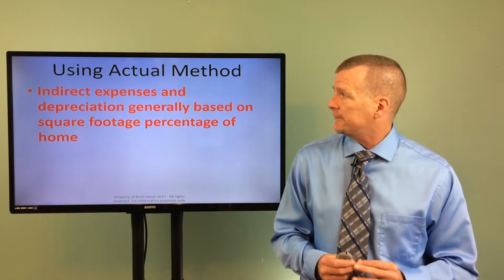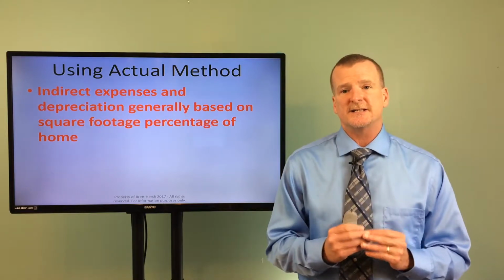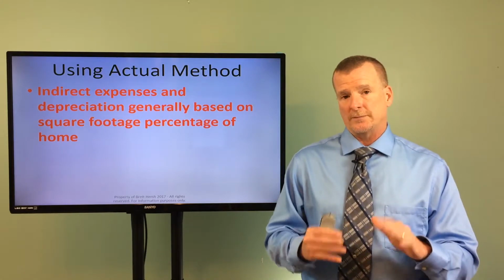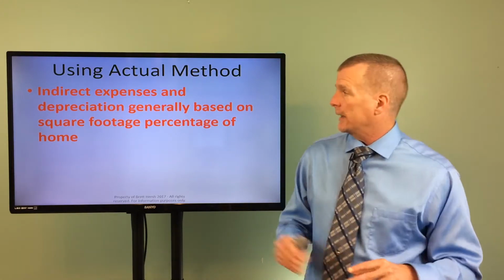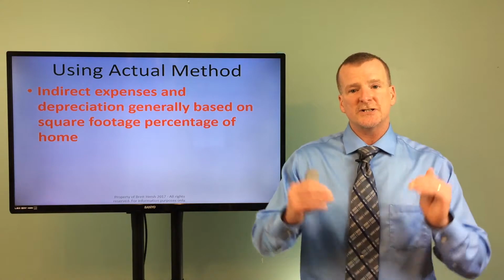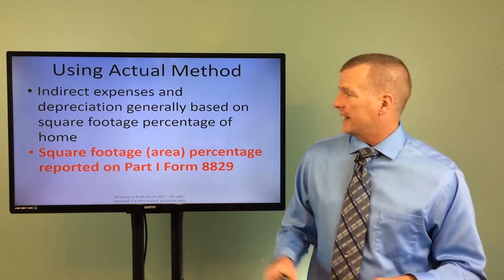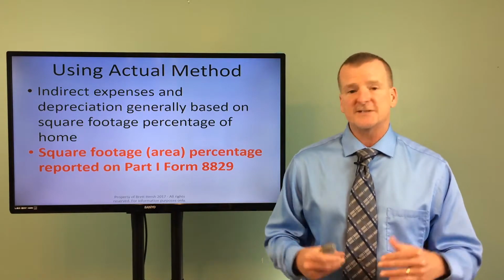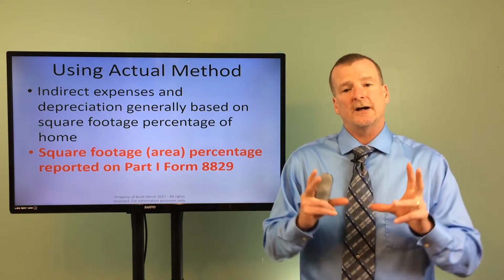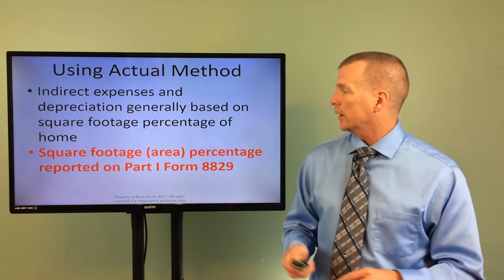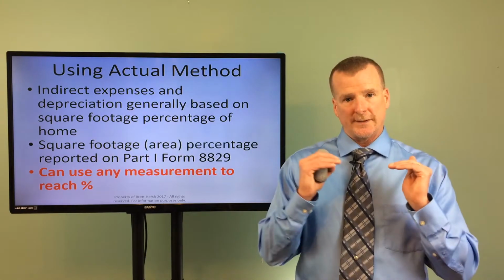Using the actual cost method, indirect expenses and depreciation, what we're going to discuss in a section, well, I think this is the next part of the course. But indirect expenses and depreciation are generally based on the square footage percentage of the home. Square footage is the area as a percentage of the total area of the home, and it's reported in Part 1 of Form 8829.